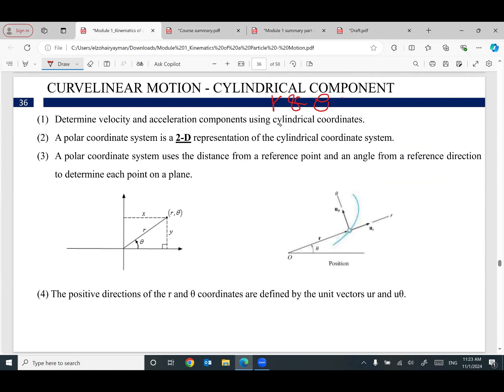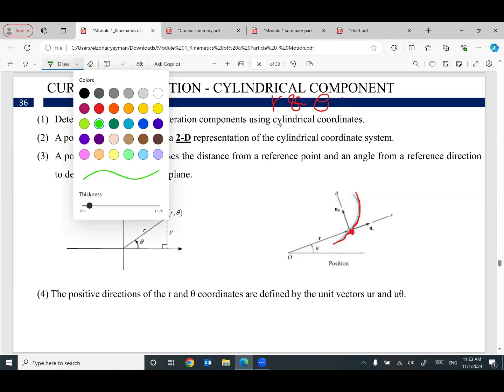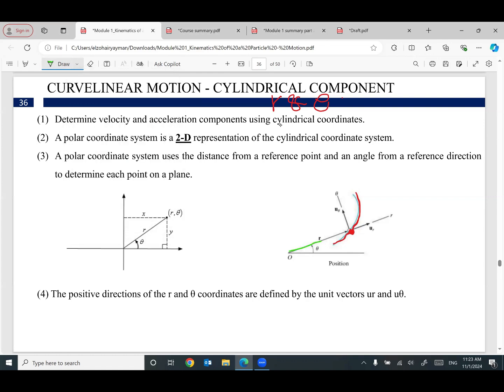So if you imagine we have this curvilinear motion, we have a particle at this position. I can figure out the position of this particle using distance R and the angle theta. These two components are called cylindrical components.